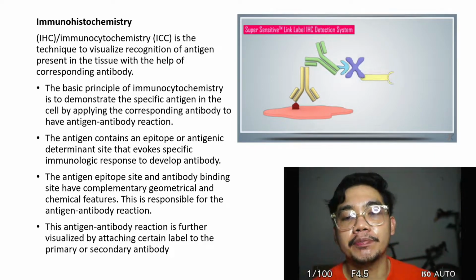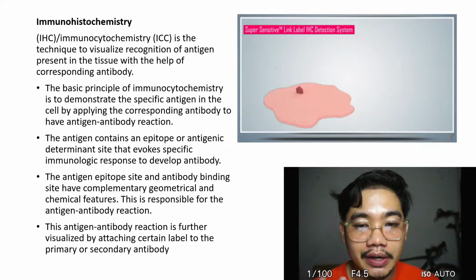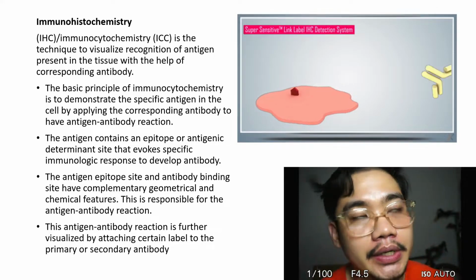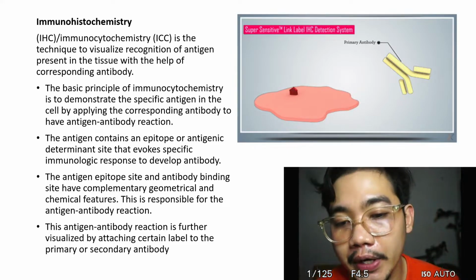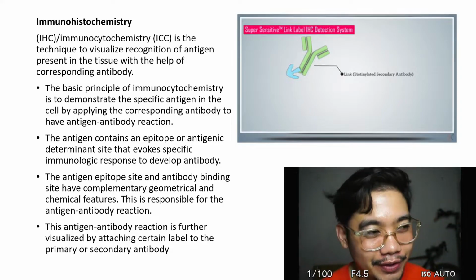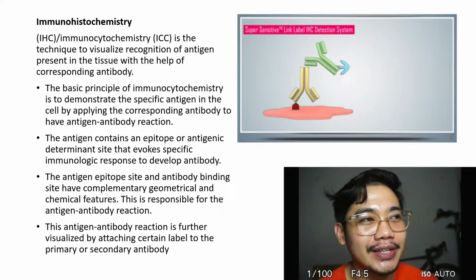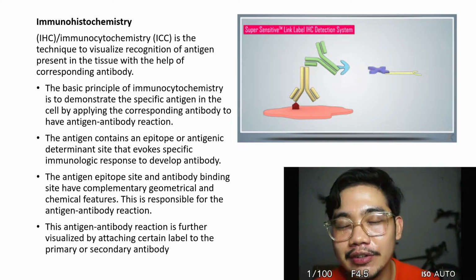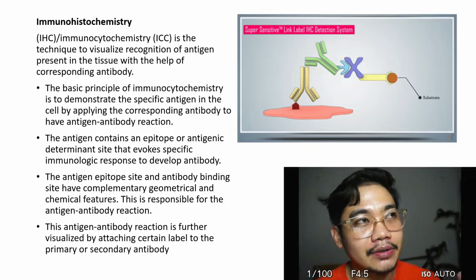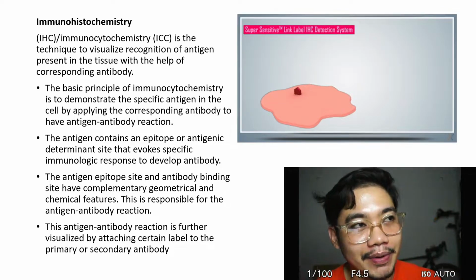So what is the purpose of this? Why are there so many components? Why can't the color be attached directly to the primary antibody? It's because the primary antibody, number one, is tailor-made for that tissue or for that antigen, no? If you make it all that way, it's quite hard to attach the color detector component to an antibody.